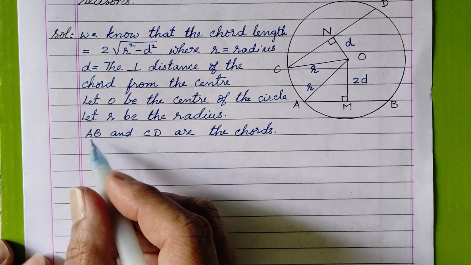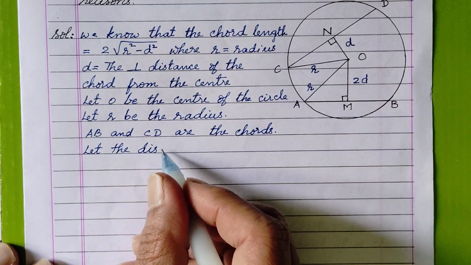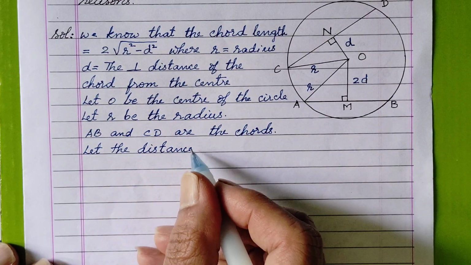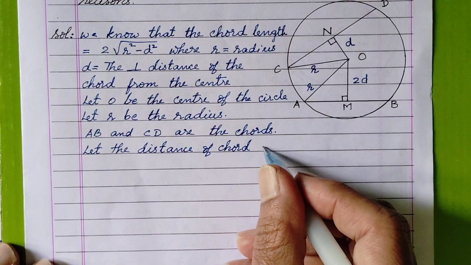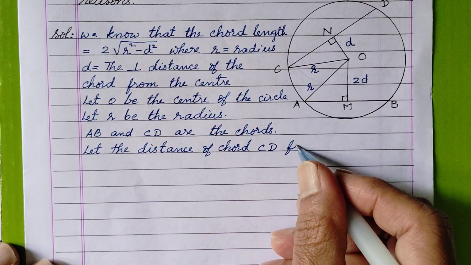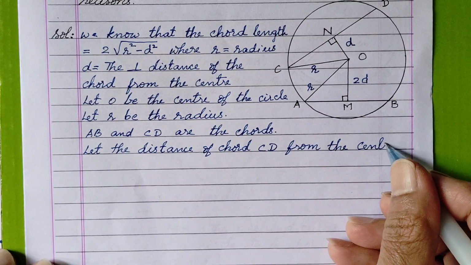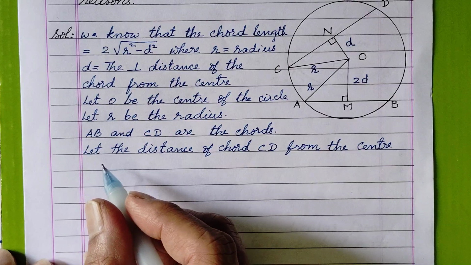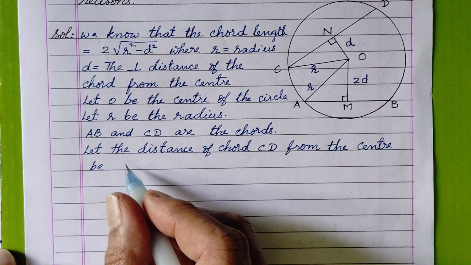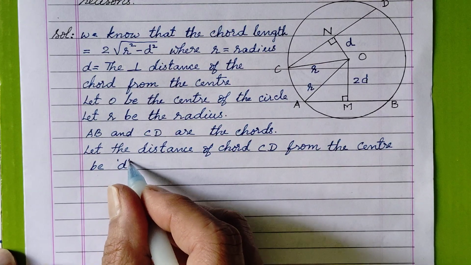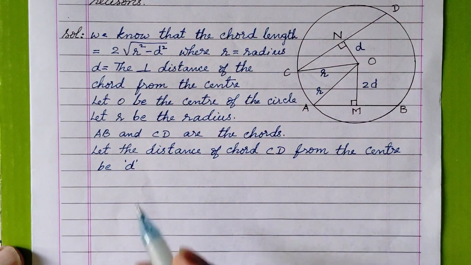Now, let the distance of chord CD from the center be D.